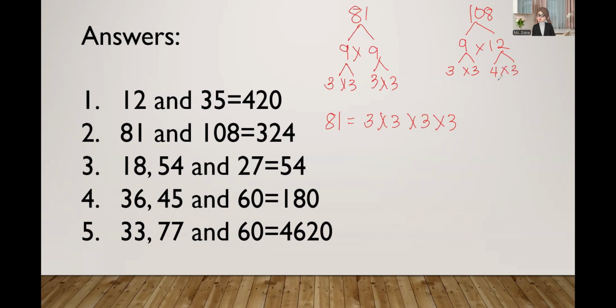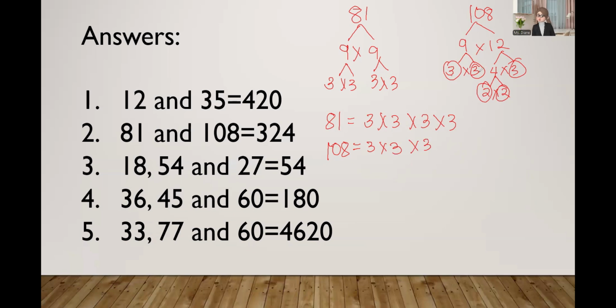Next, you can still factor out 4 here, 2 times 2. Encircle all the prime numbers and then list them down here. So how many prime numbers do we have here? We have 3's: 3 times 3 times 3. And then we have 2's.